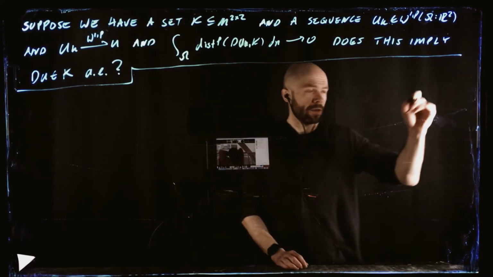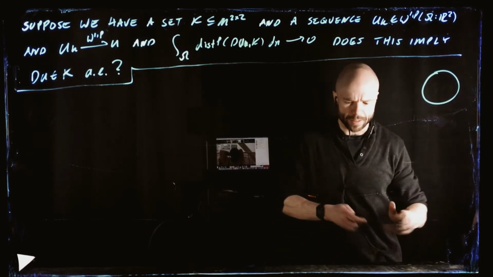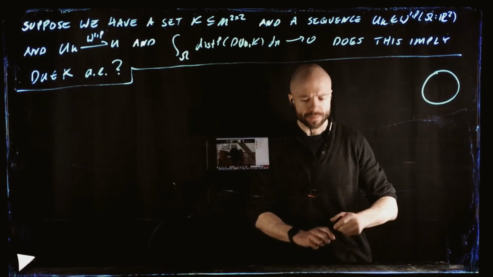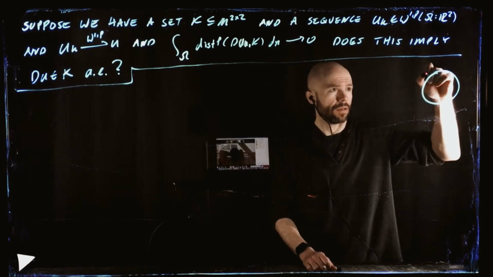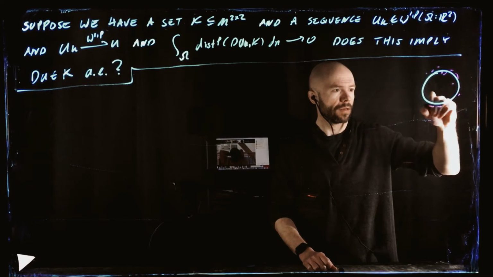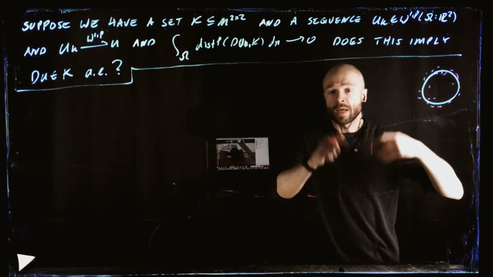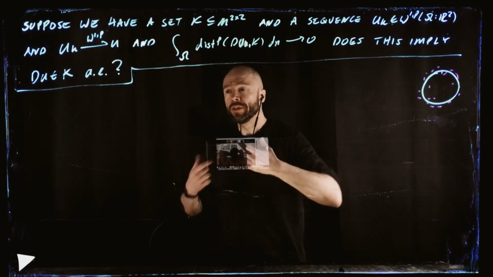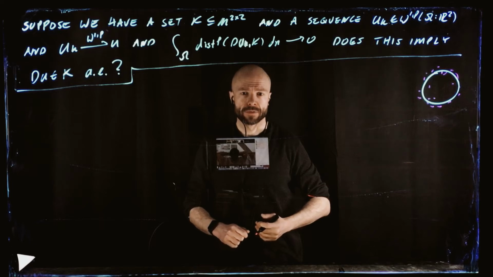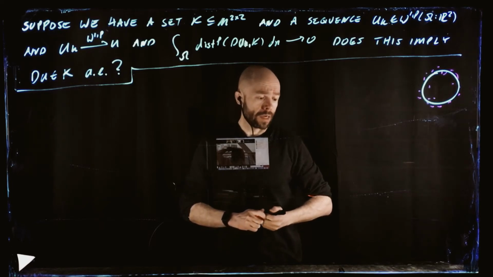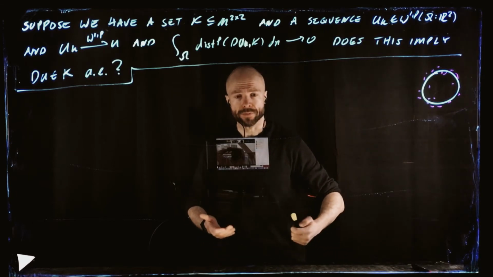So let's write our set K just as a circle, because we were considering stuff like this before. So if for our sequence the gradients are closer and closer to this particular set, does it imply that the limiting gradient has to be inside the set K? Now, in the case where K is just the rotation matrices, this is true.